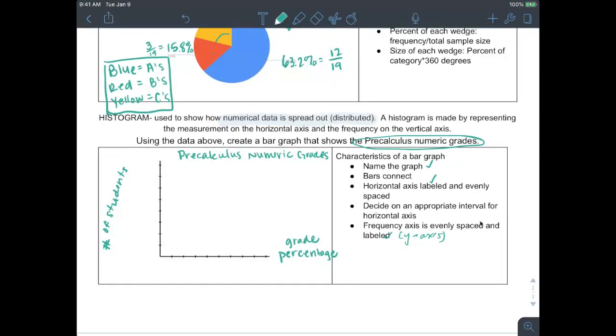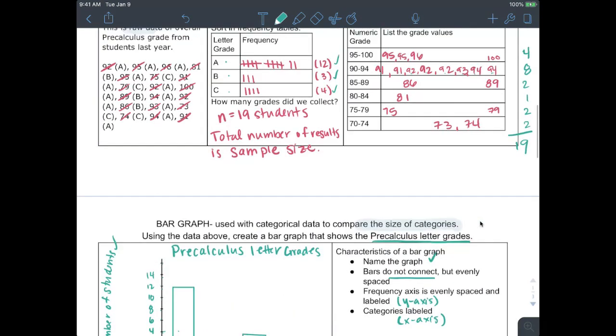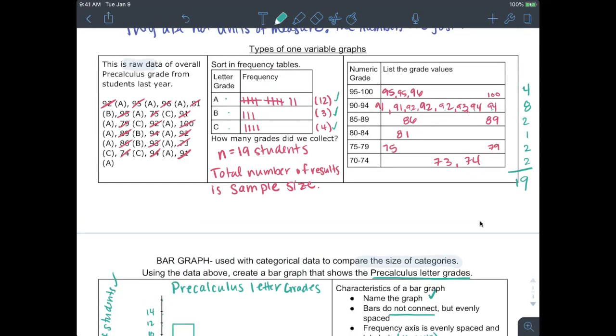Okay. We're going to figure out what we need to space these by next. So I need to figure out what these tick marks right here are going to represent, like what the range of grades are going to be. So I'm going to go back to my table. We already kind of arranged them by 5 percentage points. So it's from 70 to 74, 75 to 79, 80 to 84.